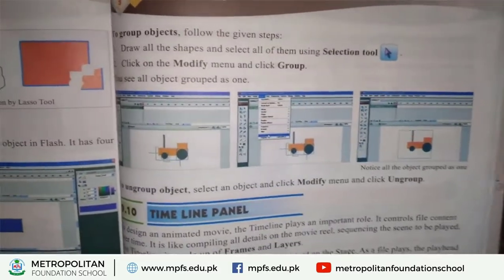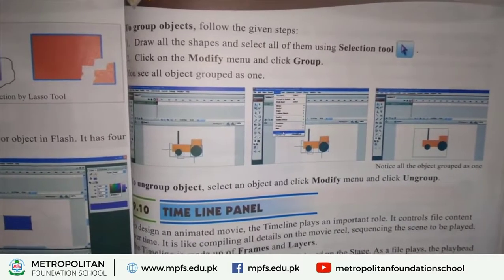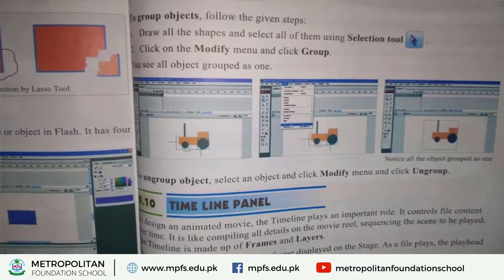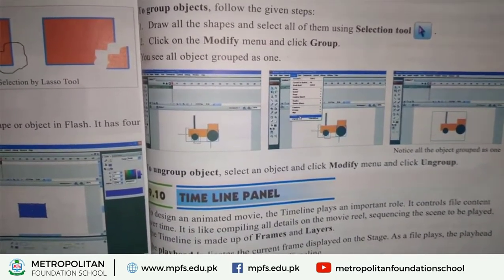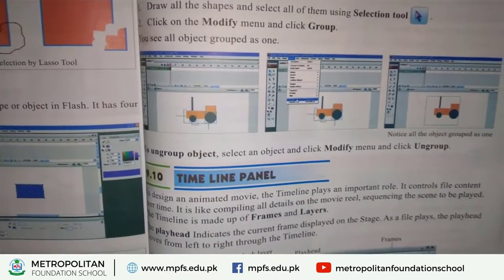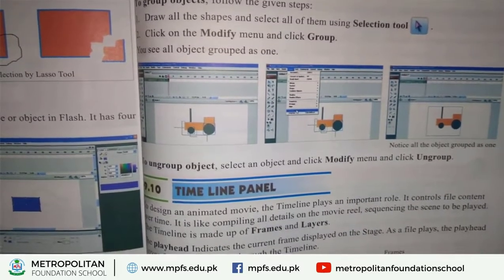To group objects, follow the given steps. Draw all the shapes and select all of them using the selection tool. Click on the modify menu and click group. Now all the objects are grouped as one.